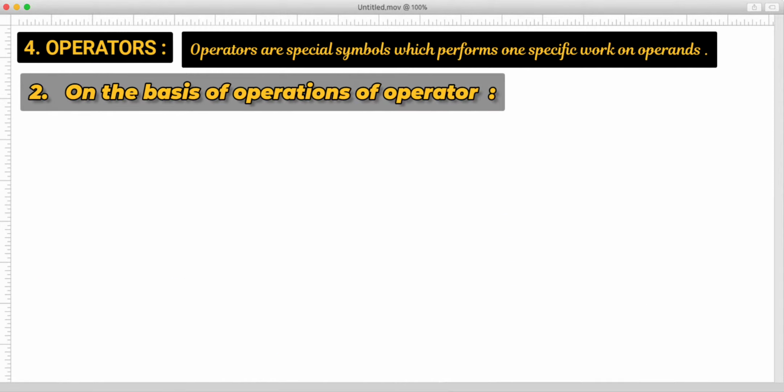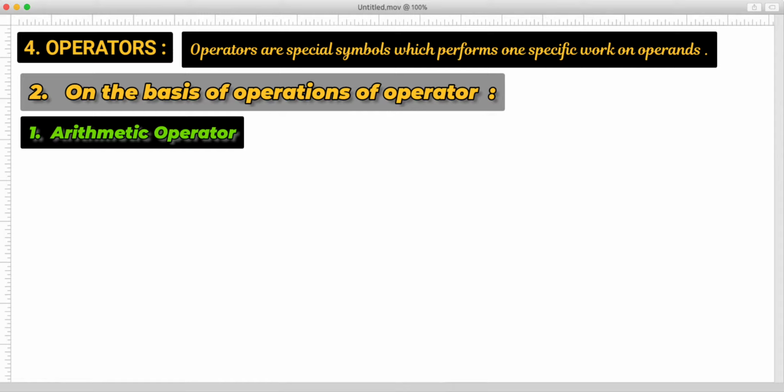Now coming to our next category division of operators, that is on the basis of working of operators. Here it is divided into 6 categories, as we have seen. So let's start with arithmetic operators. Now as the name suggests, arithmetic means to do some mathematical calculation like plus, minus, divide, into.